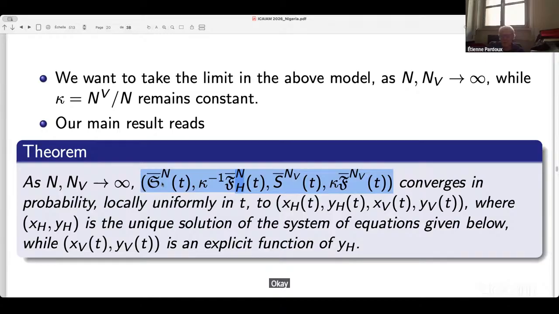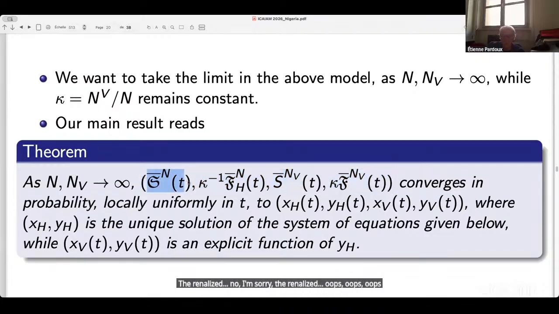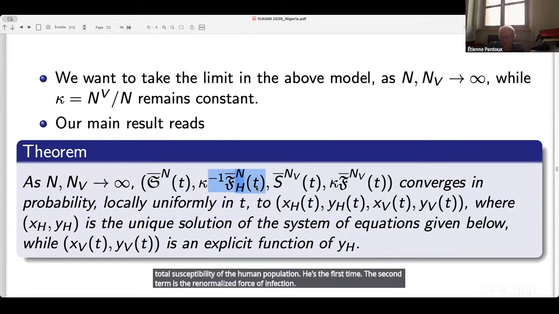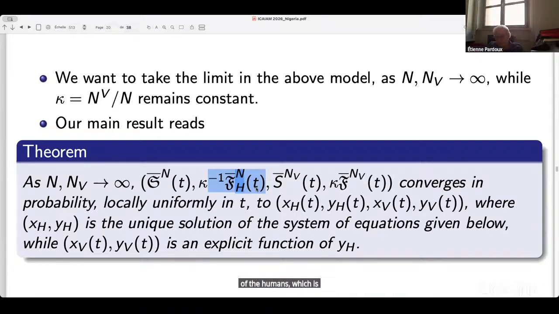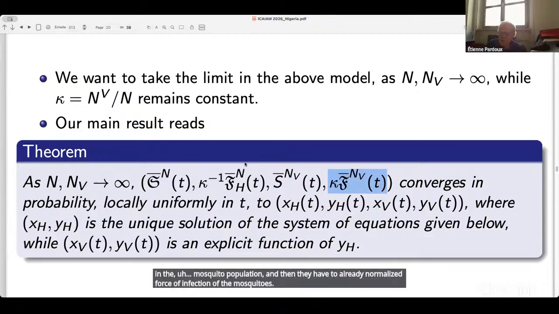Okay, so you have first the renormalized total susceptibility of the human population, which is the first term. The second term is the renormalized force of infection of the humans, which is exerted on the mosquitoes. Then you have the proportion of susceptible individuals in the mosquito population, and then you have the renormalized force of infection of the mosquitoes, which is exerted on the humans.